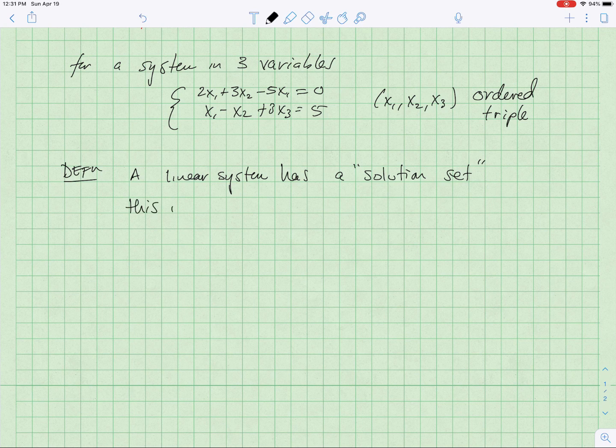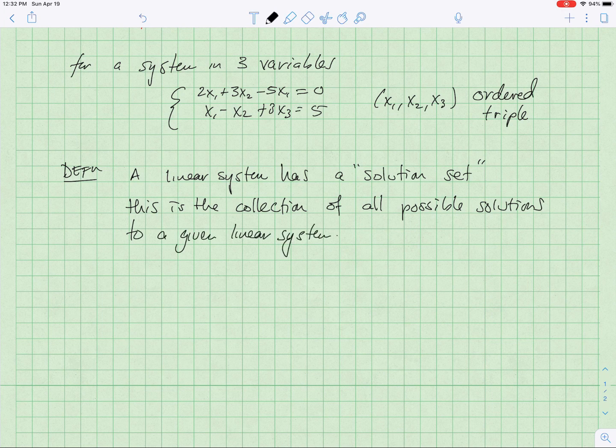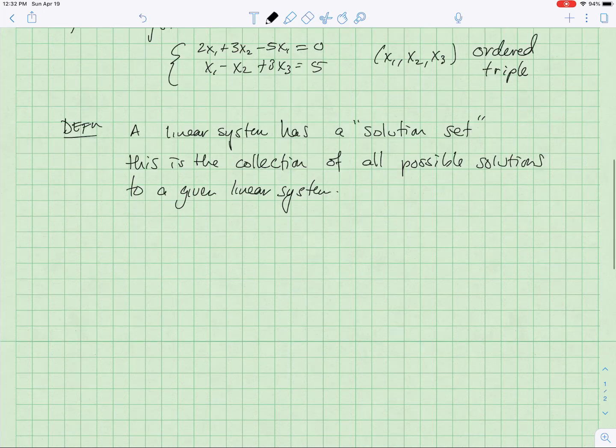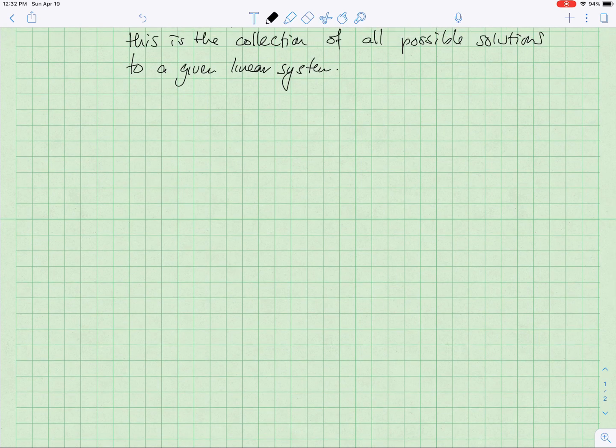This is the collection of all possible solutions to a given linear system. Now, in order to talk about how many there are, we really have to have a conversation about dimension. But this conversation is probably one that you've been having since junior high, when you were first introduced to graphing lines.